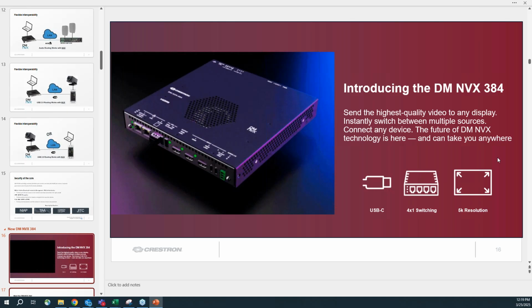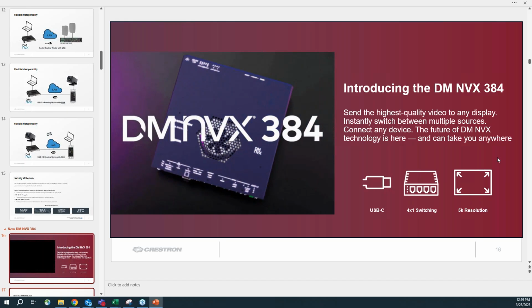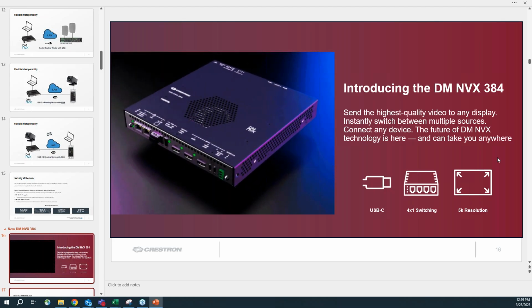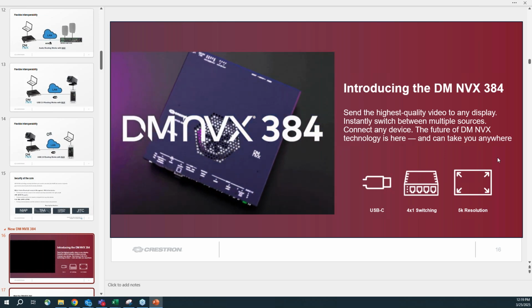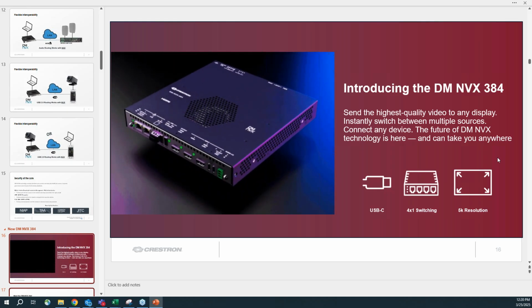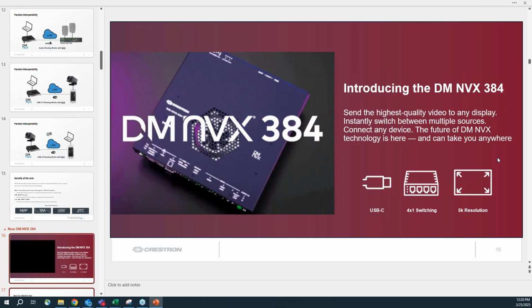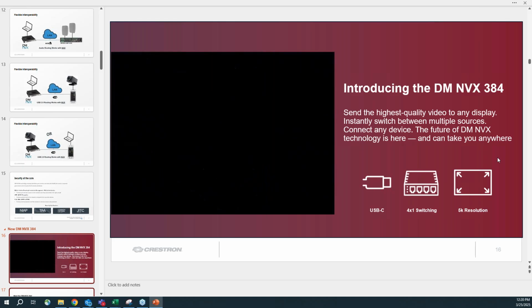For those individuals that have command and control environments, this is going to be a game changer because it has windowing built in. It will receive multiple streams and get you multiple images on the display, up to 4 and sometimes 5 in the right environment. But the key thing with this is it shows some of the evolution and creativity that goes into NVX and how we're always trying to make it better.